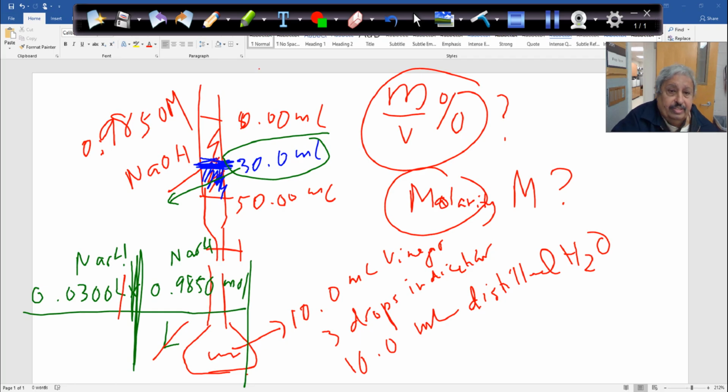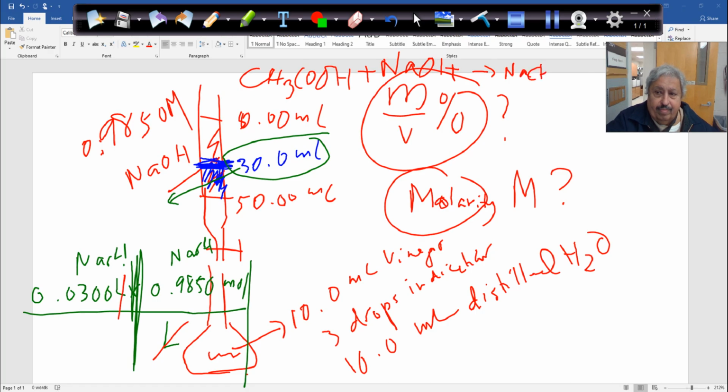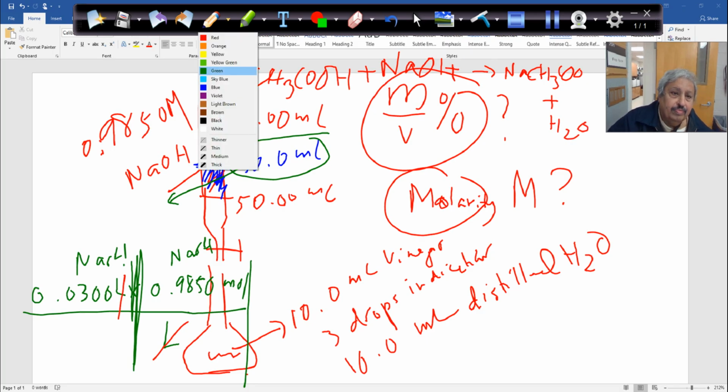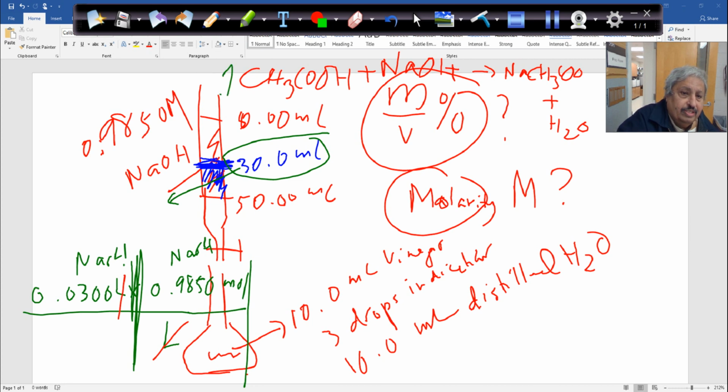And the reaction is a 1-to-1 mole ratio. Remember, this is vinegar here, plus sodium hydroxide will give you salt, sodium acetate, plus H2O. This is 1 mole of this to 1 mole of this, 1-to-1 mole ratio.